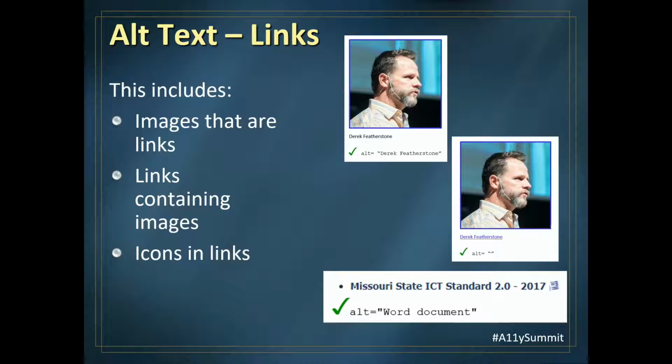So the text itself on the page is providing the text alternative in this case. In that case, you could do alt equals quote quote, which is considered just empty, and a screen reader would ignore it and continue on and just read the text Derek Featherstone, and then you could move on to the link that way.